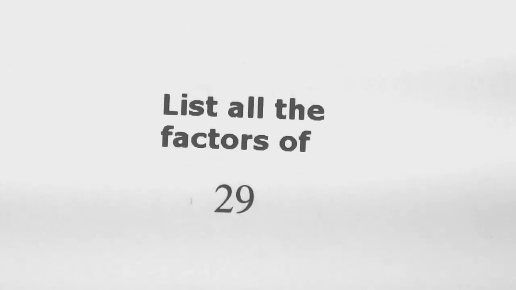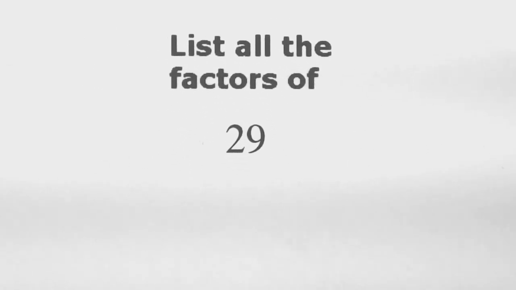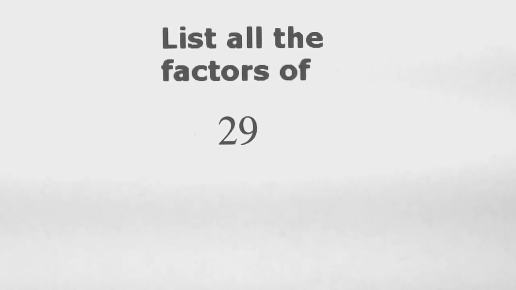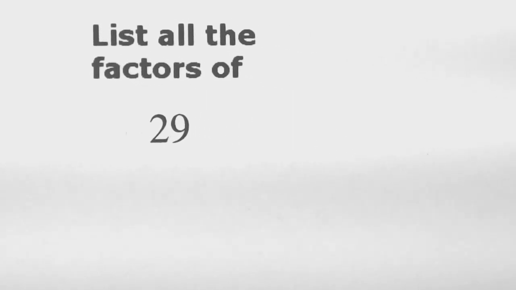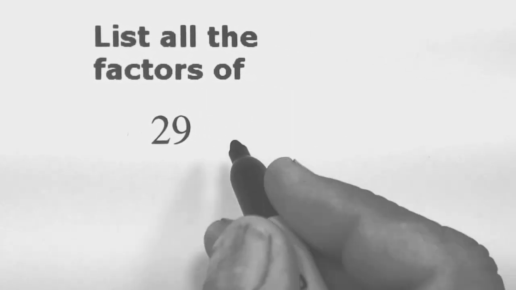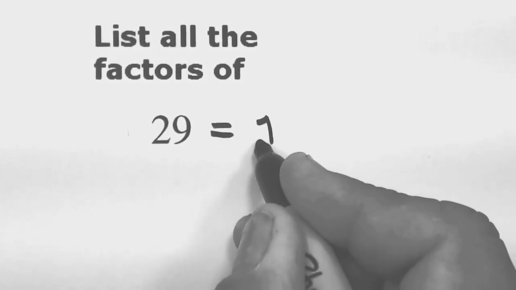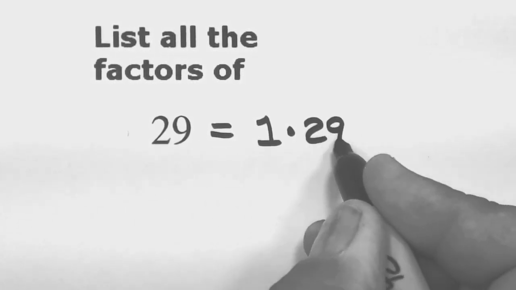Okay, well, let's take a look at another example here of regular factors. Again, notice no mention of prime here. And we're starting out with 29. Now, of course, we know we can always do 1 times the number, so there it is.